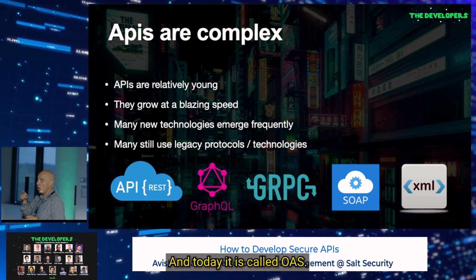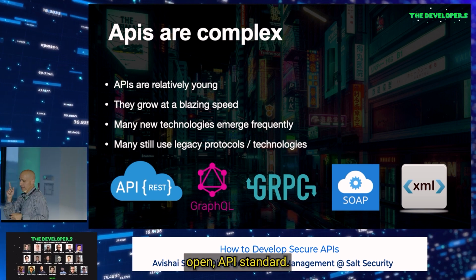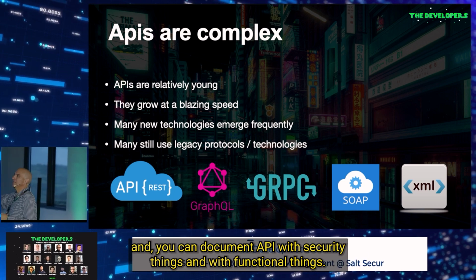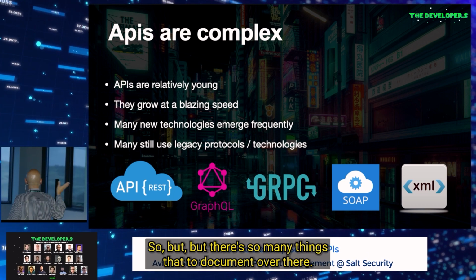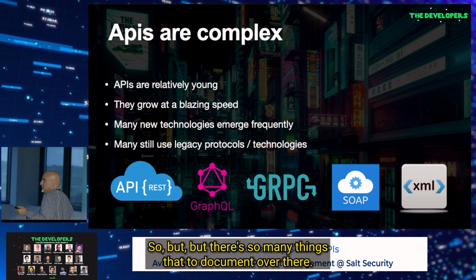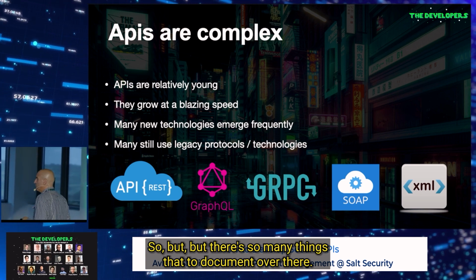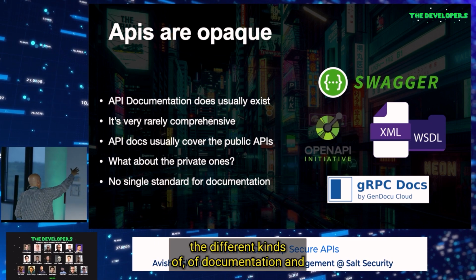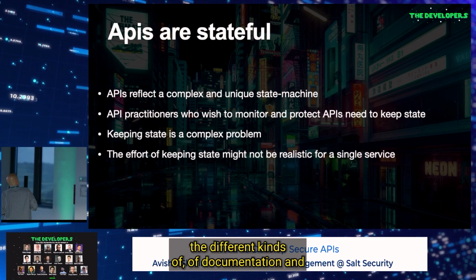And today it is called OAS, Open API Standard, and you can document APIs with security things and with functional things. But there are so many things to document over there, so it's very difficult to really know what's going on, with the different kinds of documentation.